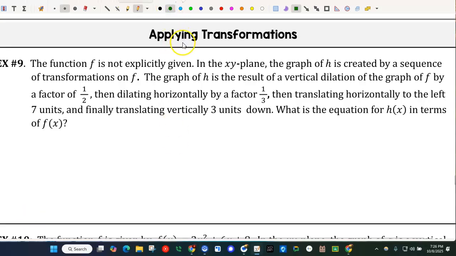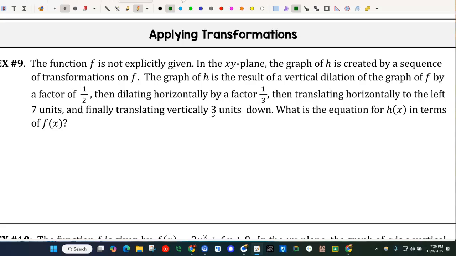All right, so for example 9, we have a function that's not really given to us. And then it says in the xy plane, which we work with, h is created by a sequence of transformations. Okay, so we have a vertical dilation by a factor of a half. Then dilating horizontally by a factor of a third, and then translating horizontally to the left by 7, and finally translating vertically 3 units down.